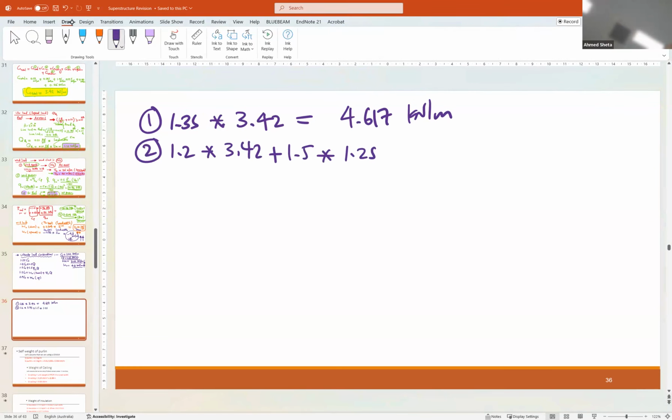So this is Q, this is G. So this value equals 5.98 kilonewton per meter.